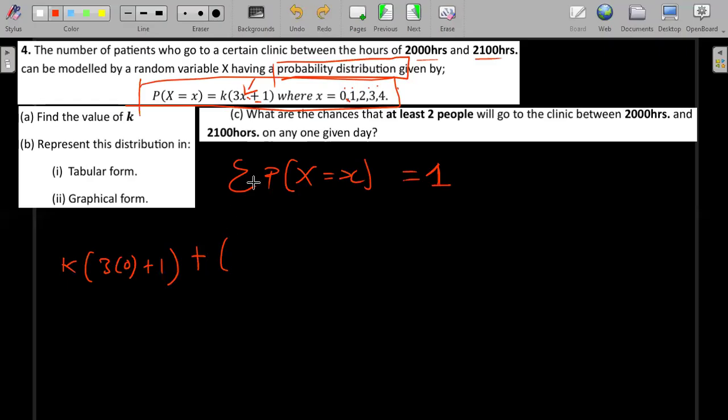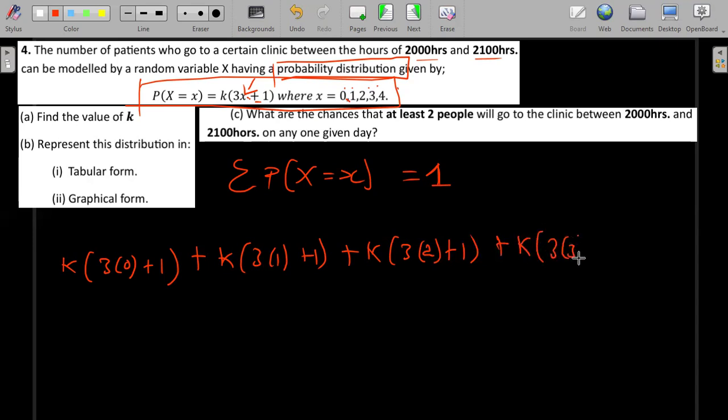So it will be k(3 × 1 + 1) plus k(3 × 2 + 1) plus k(3 × 3 + 1) plus k(3 × 4 + 1).